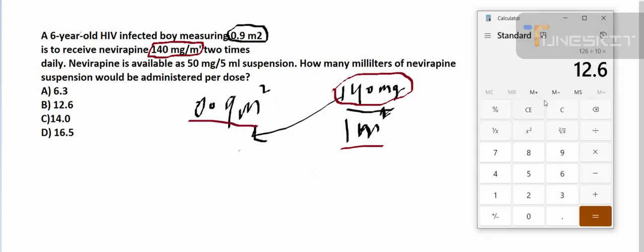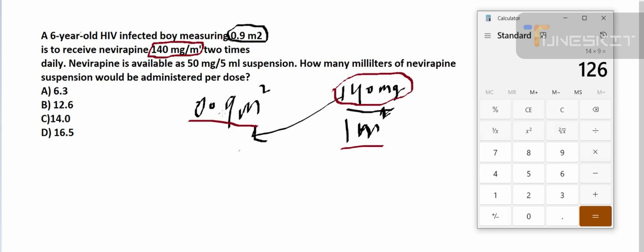I want to calculate for 0.9 meter square. What would be the dose for 0.9 meter square? So divide 140 mg by the smaller 10 units. So for each 0.1 unit, there are 14 mg. There are 9 units here, 1 unit is less. So multiply it with 9 units.